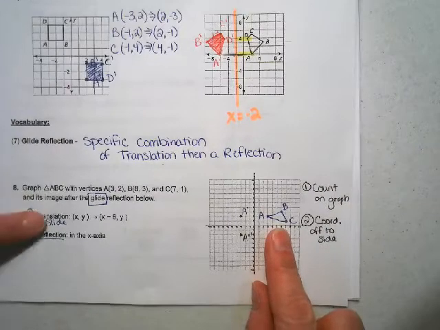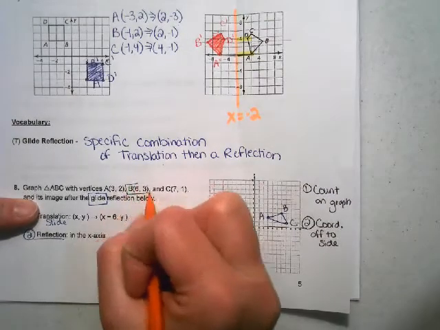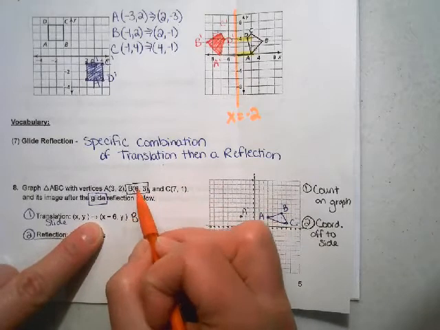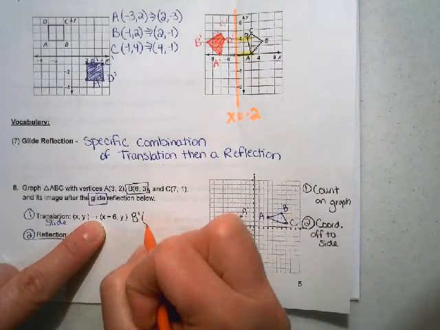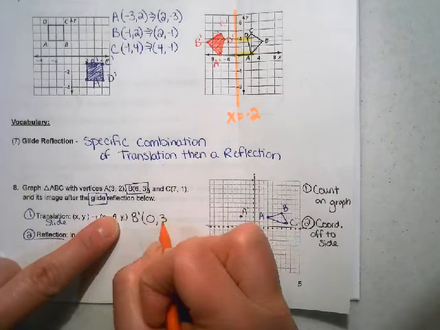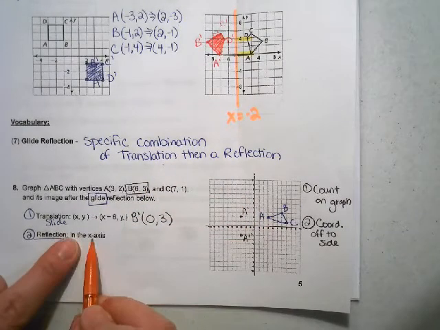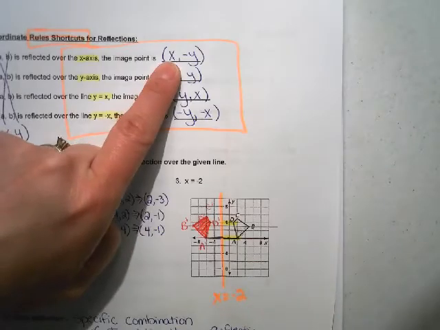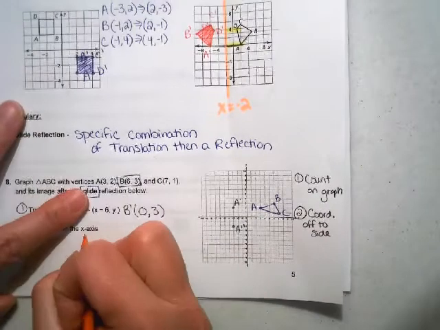And if we were in class, I would ask you guys what you would want me to do. Some of you might like the counting piece. Some of you might like writing them down. So since I already did the counting piece, I'm going to go ahead and do the coordinate for B. So if I take B, I'm going to do this to it. So I'm going to go 6 minus 6, which is 0.